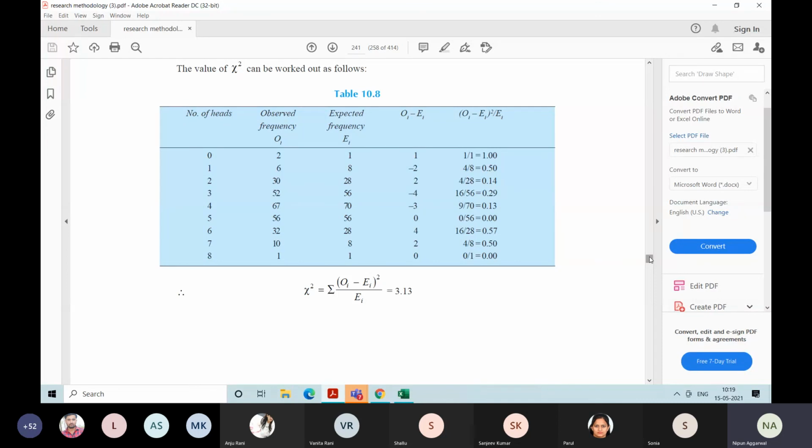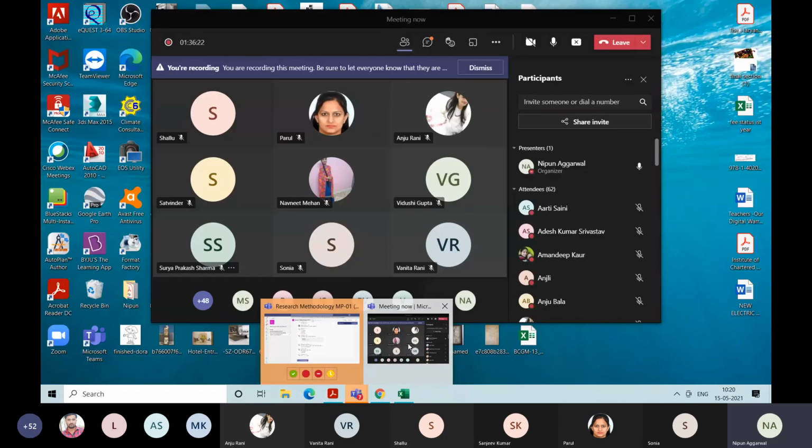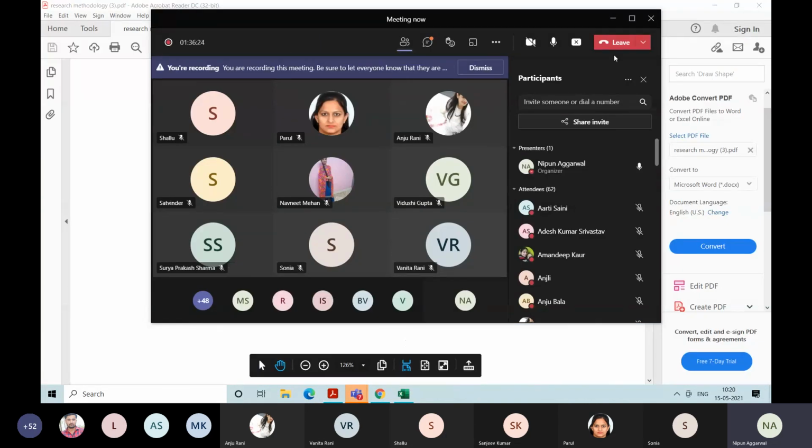In this way we can find our chi-square values, and it will help in analyzing whether there is a significant difference in the frequencies. I'm again repeating, the chi-square is applicable only when the data is in the form of frequencies. If the data is not in the form of frequencies, then we cannot apply the chi-square test.